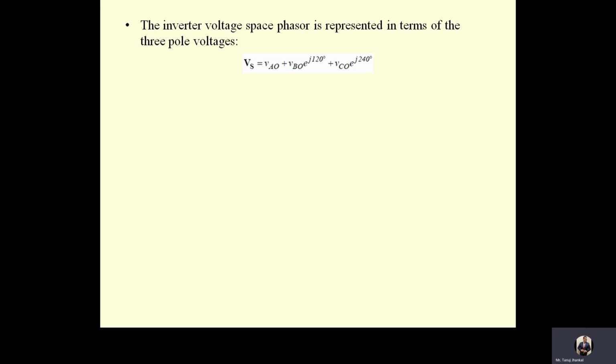The space phasor Vs can also be resolved into two components, which are the alpha and beta components, and it can be represented as Vs equals Vs alpha plus j Vs beta. It can be done using the conventional ABC to alpha beta transformation, using this equation, Vs alpha, Vs beta in terms of VAN, VBN and VCN.